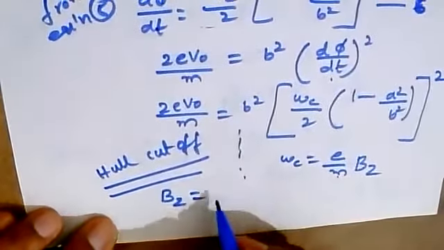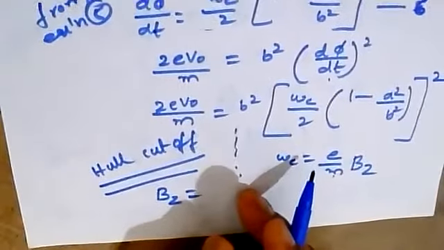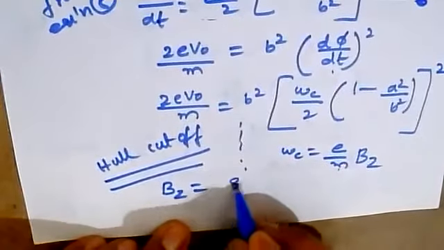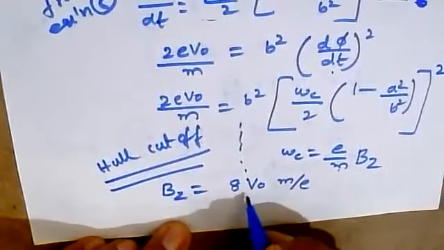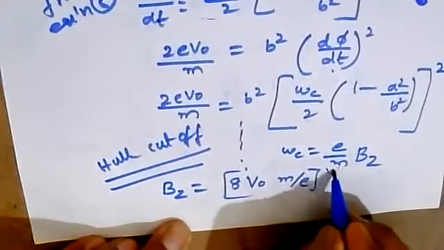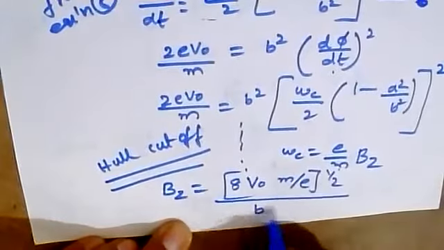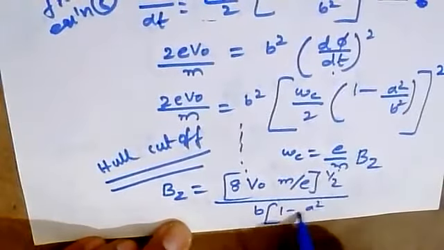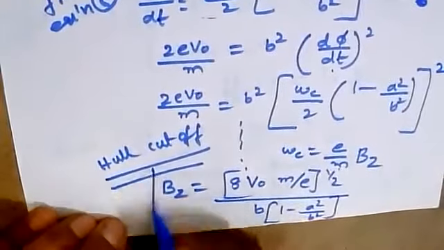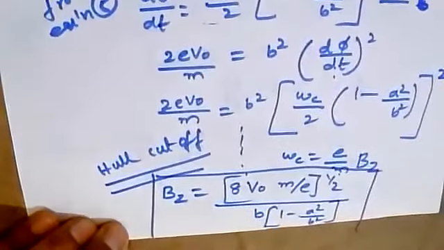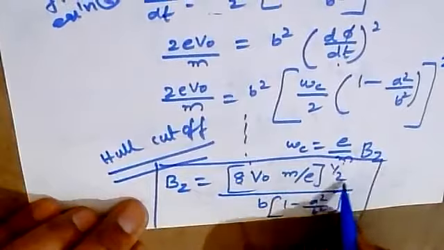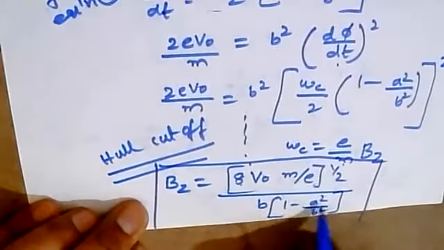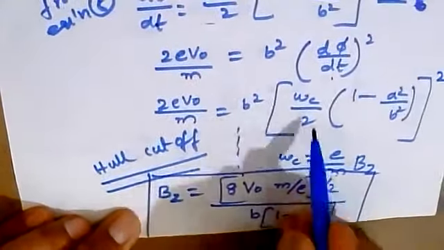In terms of bz, if I calculate the final expression, we'll get 8 v naught m by e to the power of 1 by 2, that is under root, divided by b into 1 minus a square by b square. This is the final expression we get. So you can try, you will get this.